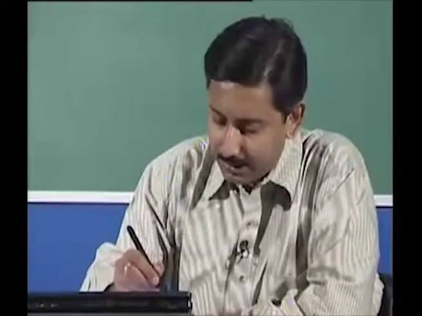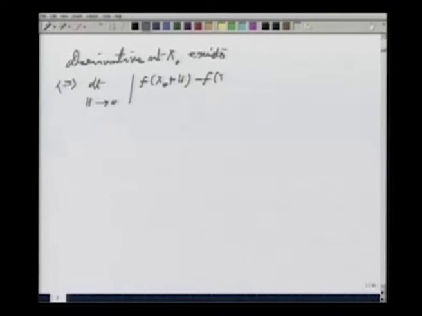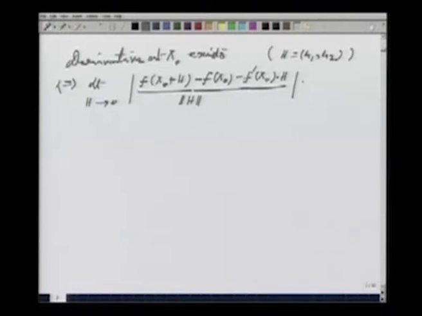The derivative at x naught exists if and only if the limit, h going to 0, of modulus of f of x naught plus h minus f of x naught minus f prime at x naught, which remember is a vector, so it makes sense to take a dot product with h, where h equals (h1, h2), divided by norm h, is equal to 0.